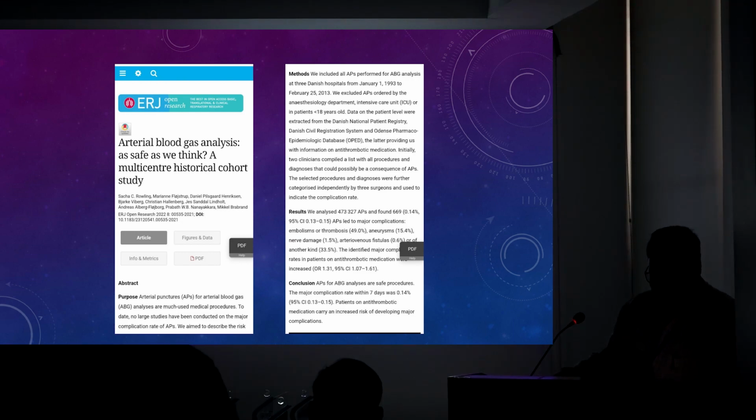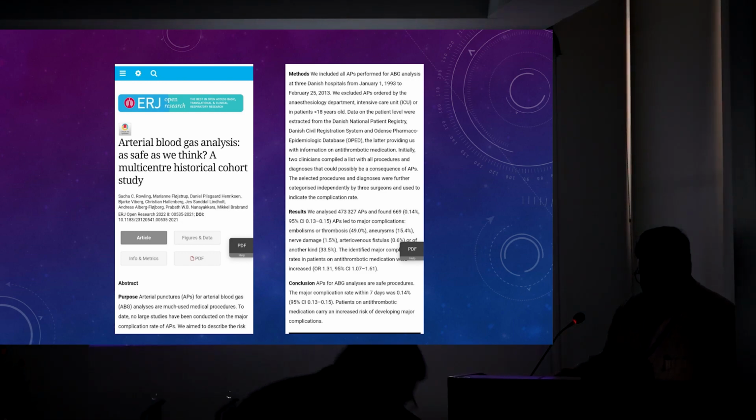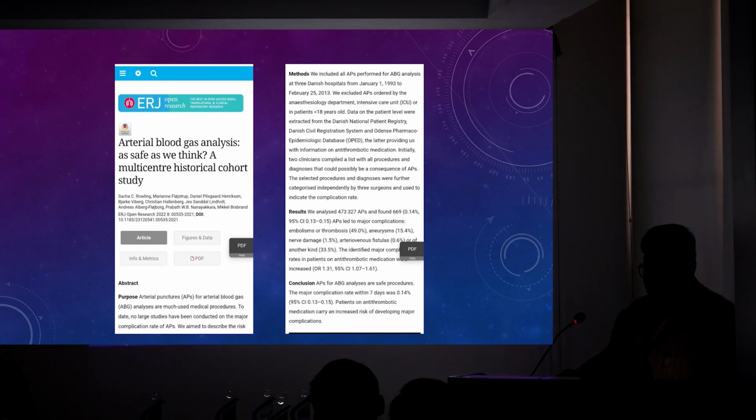Now, this is a very recent article, probably July 2022, from the European Journal of Research, which shows that even with these many complications, and doing it so very often, even with untrained manpower, the quantum of complication is extremely less. That is, all the major things that happen, in 0.14% only.